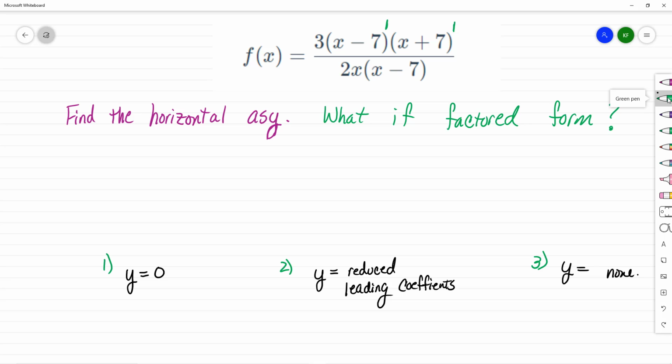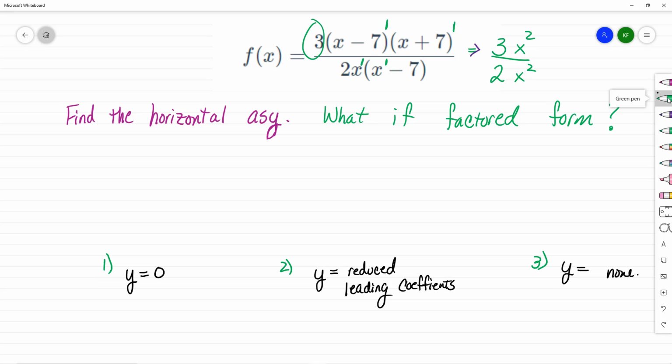And so the top has degree 2, so I have an x squared. And remember, I have a coefficient out here that's 3. I should put an arrow there so you have a better idea of what's going on. And then on the bottom, this is power 1 and this is power 1. So again, we're at power 2. And then I'm just going to take the coefficient, which is 2.